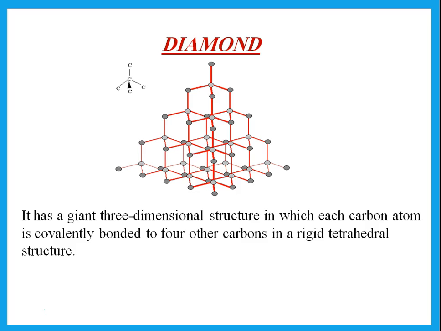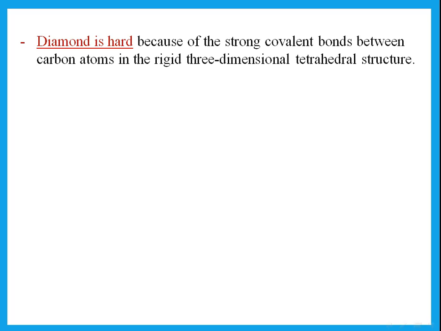And this forms a rigid tetrahedral structure. This structure in which you have the carbon in the middle, 1 carbon on top, and 3 carbons like a pyramid below is called a tetrahedral structure. So you have to remember that diamond is giant three-dimensional, each carbon atom covalently bonded to 4 other carbons in a rigid tetrahedral structure.